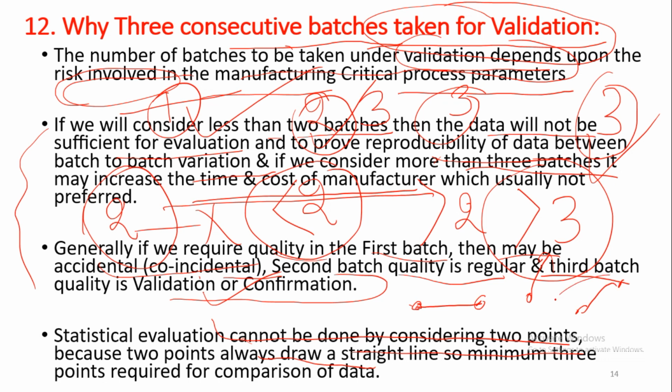So statistically we cannot draw any conclusion in this. But if we have taken the third batch also, then there is a possibility that it is not a straight line, right? So statistically we can tell, this is the reason for 3 consecutive batches.